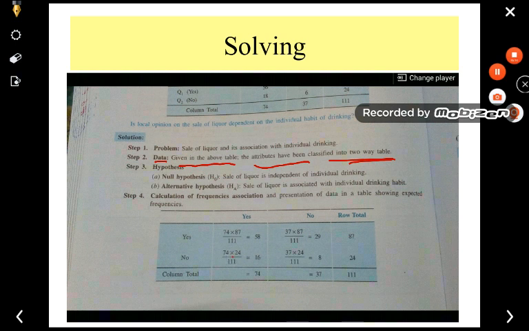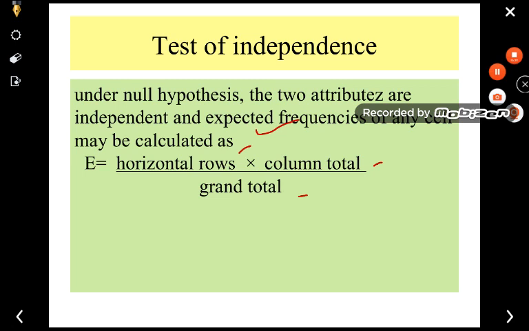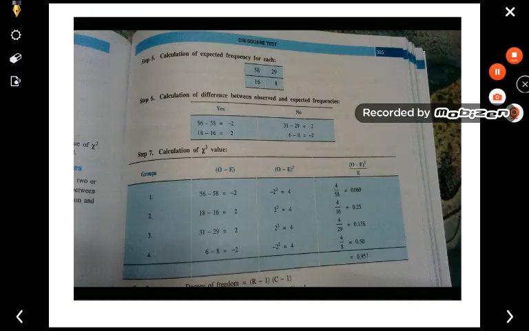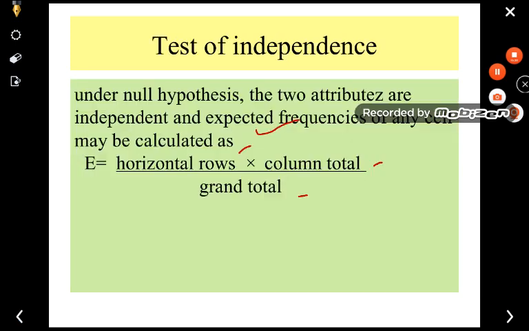For the first one, we have to calculate the expected frequency. How has 58 come? What is the formula for the expected frequency? Horizontal rows, that is nothing but 87. Therefore, horizontal rows will be 87 into column total.